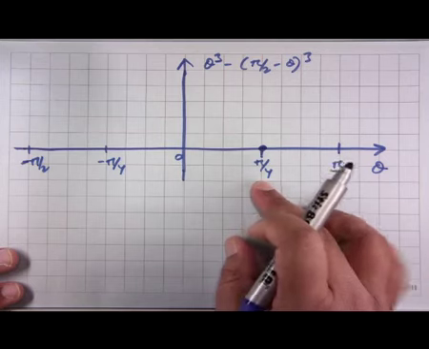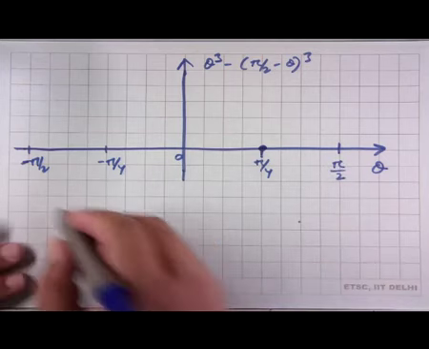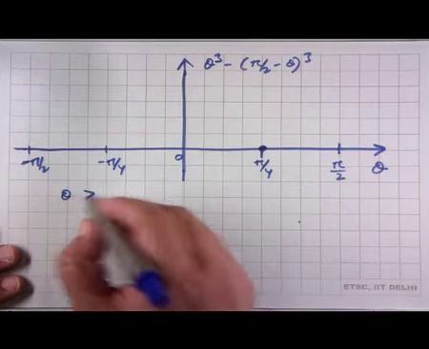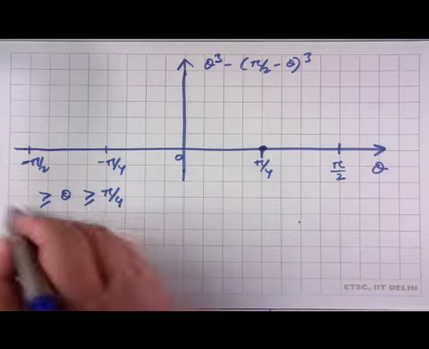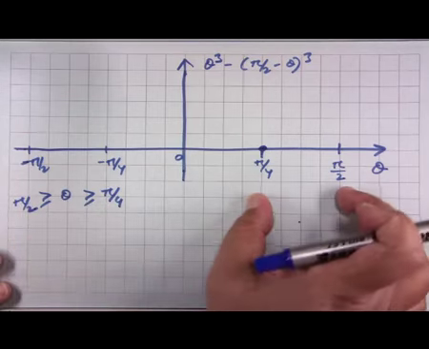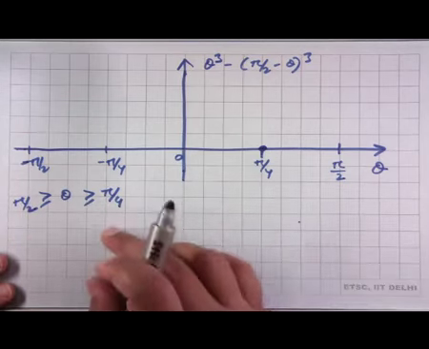So, now let us see what happens when theta is greater than pi by 4, and of course, less than or equal to pi by 2, which is this region.